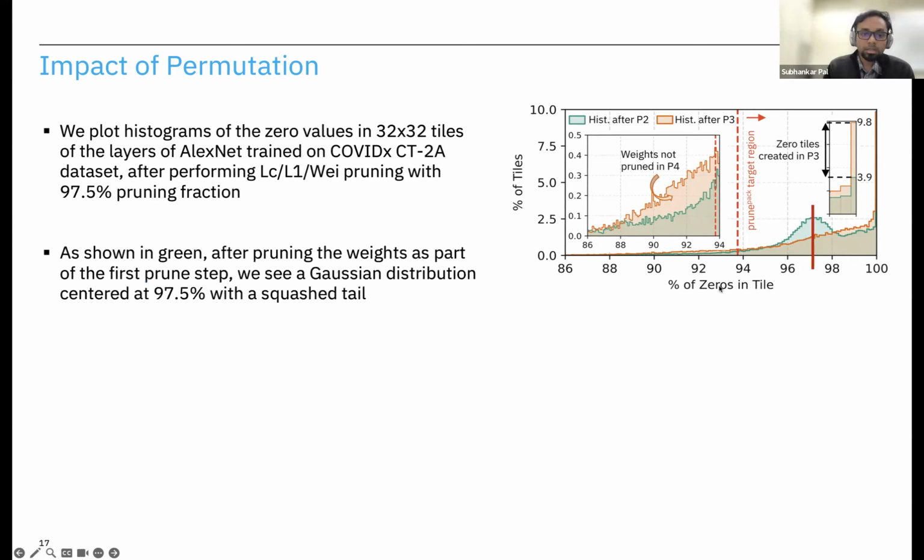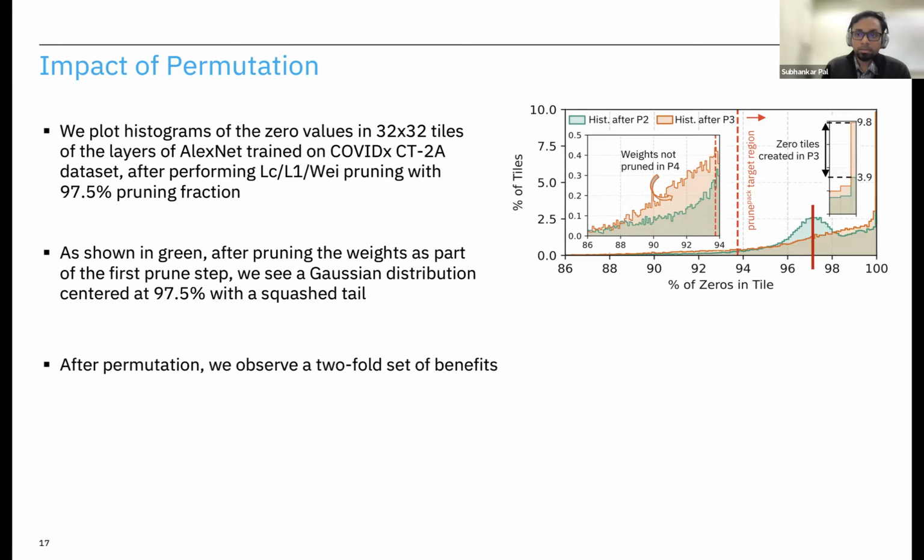Here we pruned out 97.5% of the weights, so there's a Gaussian distribution around 97.5. Look at the green curve here, but the tail is squashed because you cannot have more than 100% zeros.